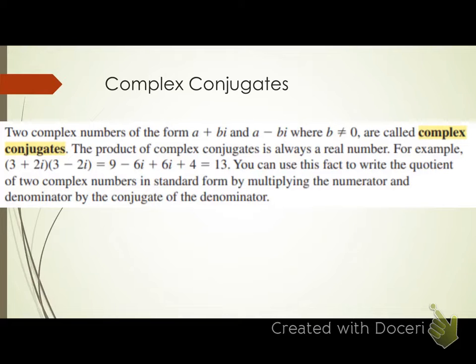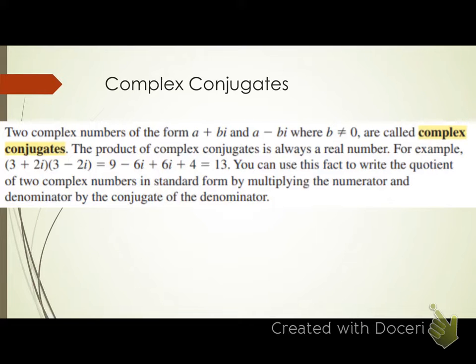Negative 6i. 2i times 3? Positive 6i. 2i times negative 2i would be negative 4i squared, right? What's i squared? Negative 1. So negative 4 times negative 1 would give me plus 4. Right? Does everyone see that?